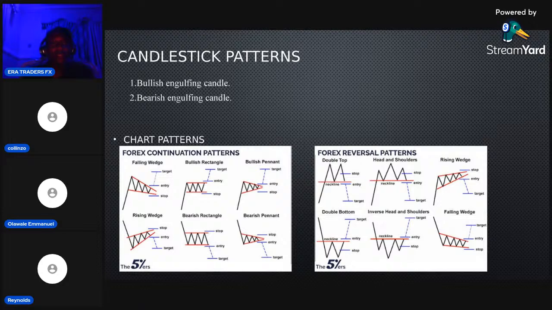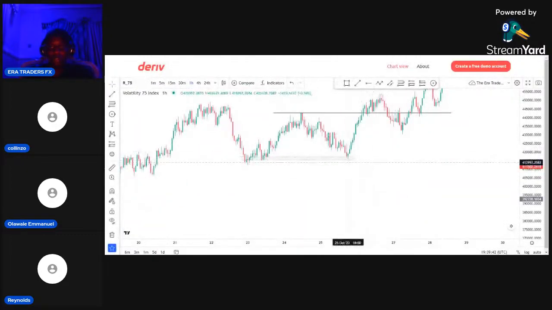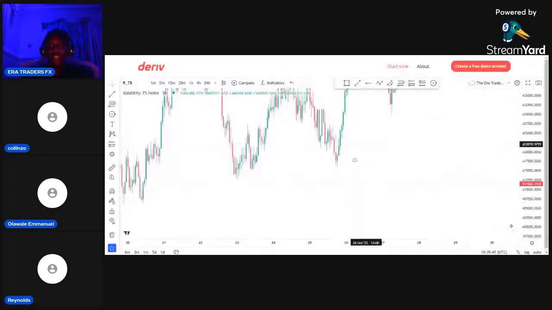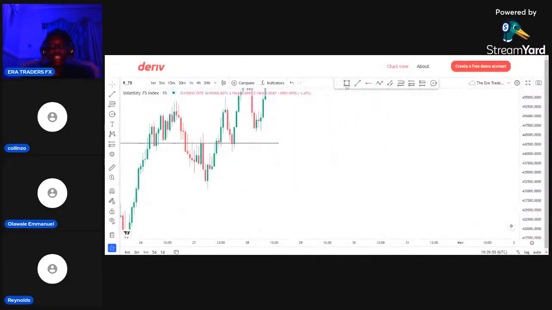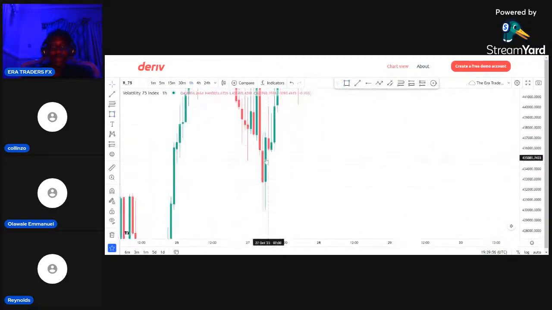So the bullish engulfing, let me just show you from the chart. So when they say bullish engulfing, that means the bullish candle is engulfing the bearish candle. For example, we saw that there. You can see that this bullish candle, the green candle, engulfs the bearish candle, right?